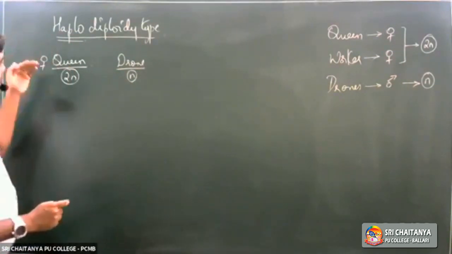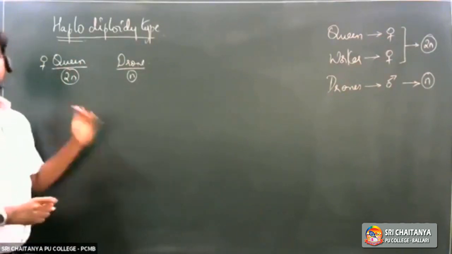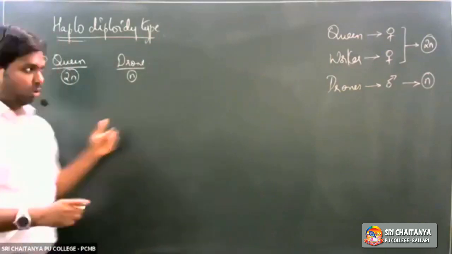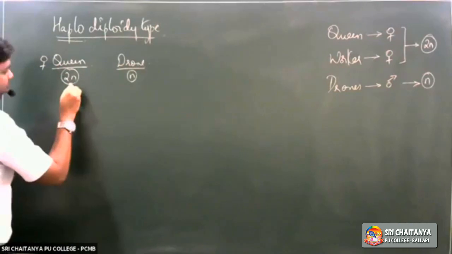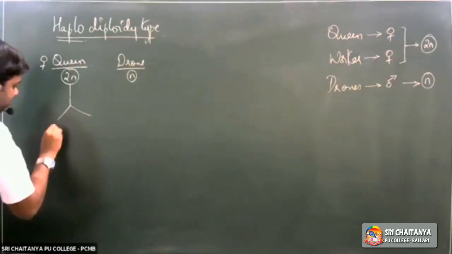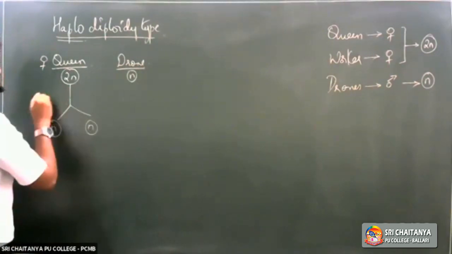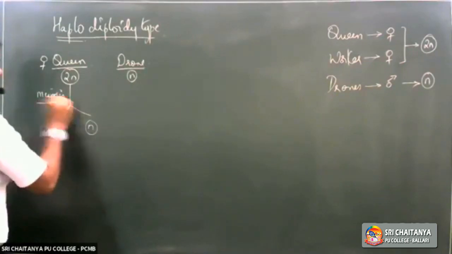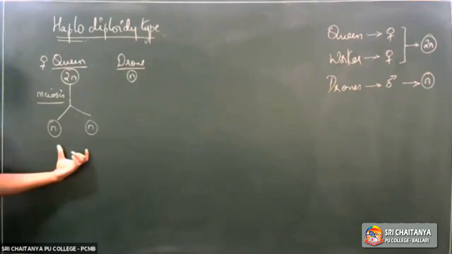In gametogenesis, a diploid number of chromosomes is reduced to a haploid number through a cell division called meiotic cell division. So this diploid queen, after undergoing meiosis, will start forming haploid gametes, right?